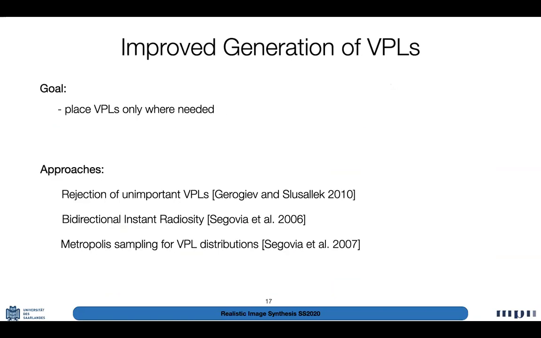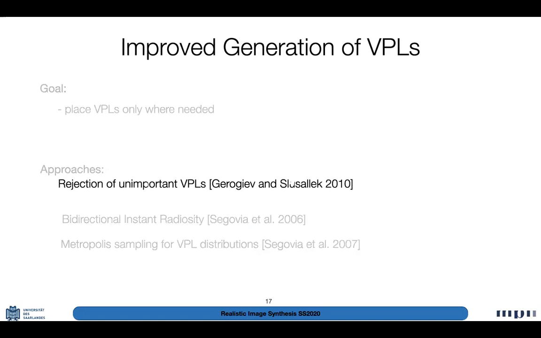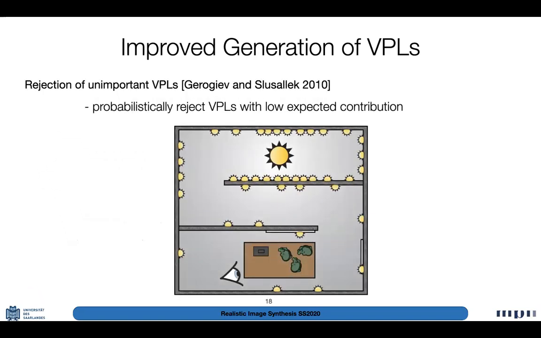All right. So given this, our goal is to place VPLs where we really need them. And there were multiple approaches developed in the past to improve that. One of the simplest was by Ilya Georgiev and Philipp Slusallek in 2010, where they decided to reject unimportant VPLs. It was a short paper, so the idea was rather simple.